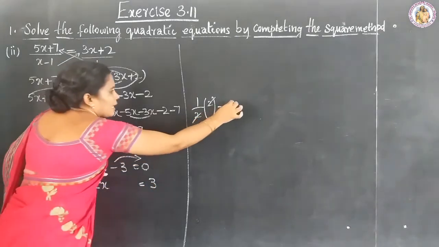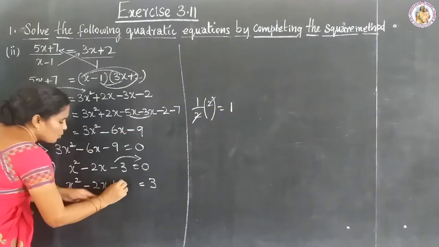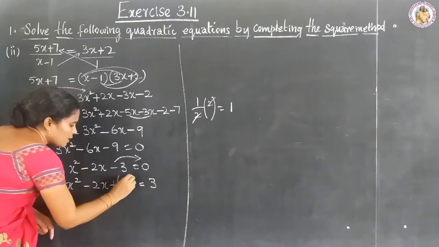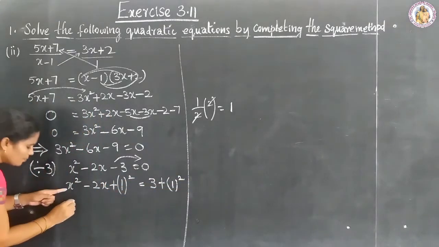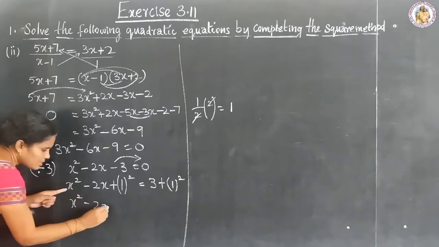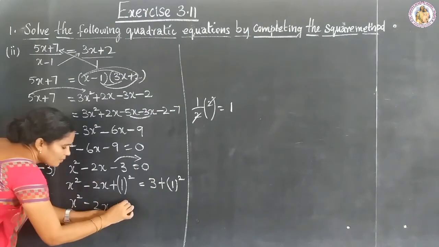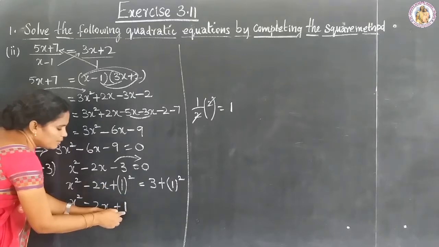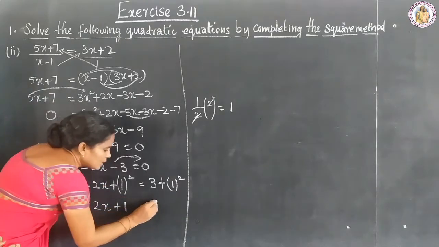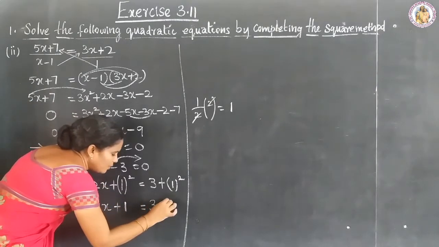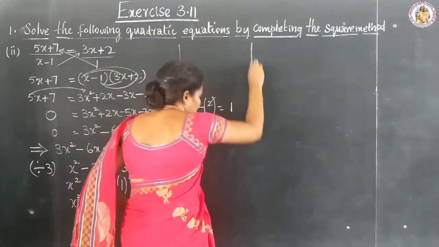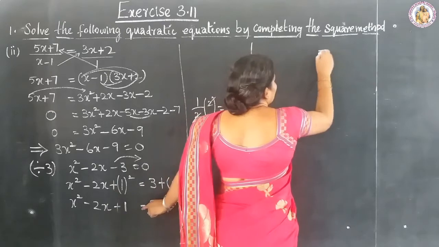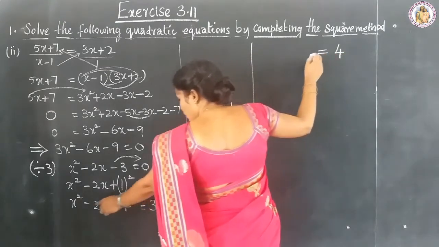So now add plus 1 to both sides, 1 square and plus 1 square. Now x square minus 2x plus 1 square is equal to 3 plus 1 into 1, so it becomes 3 plus 1, 4, is equal to 4.